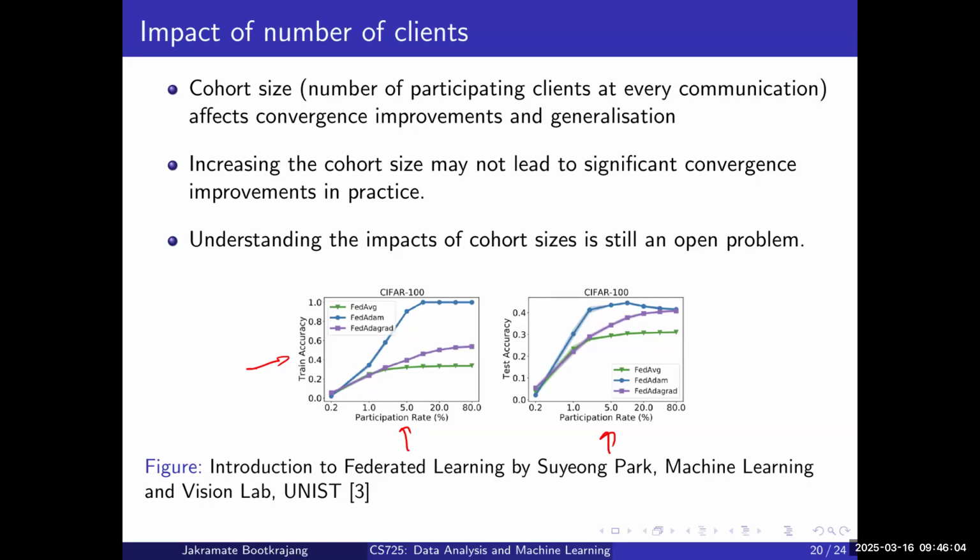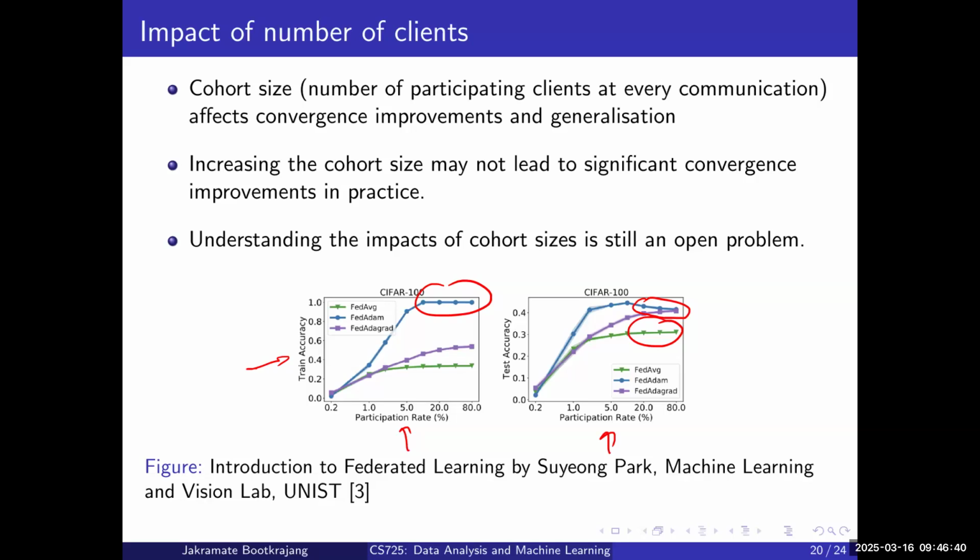But at some point, for the test, sometimes you would drop off or there's only a small improvement. So there is a certain threshold that you can push for to obtain the maximum efficiency compared to the accuracy, right?